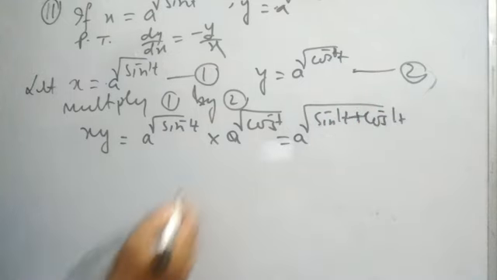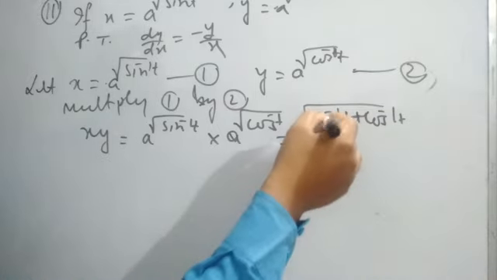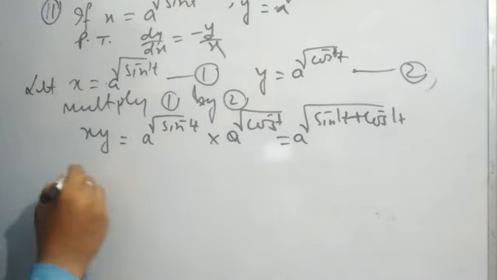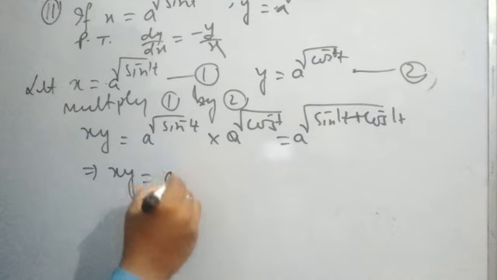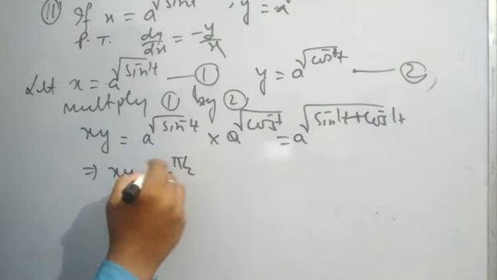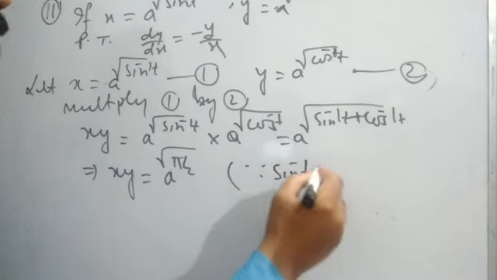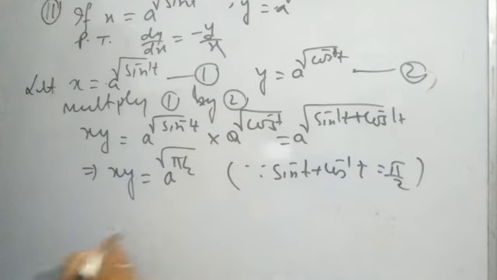As the bases are equal, the powers will be added. Then we know for inverse trigonometry sin inverse t plus cos inverse t is equal to pi by 2. So you will get xy is equal to a to the power pi by 2.